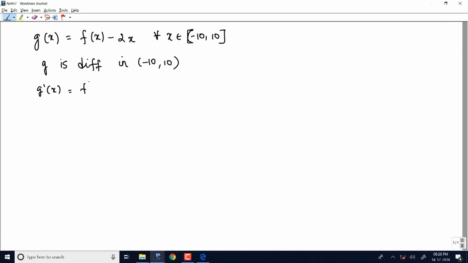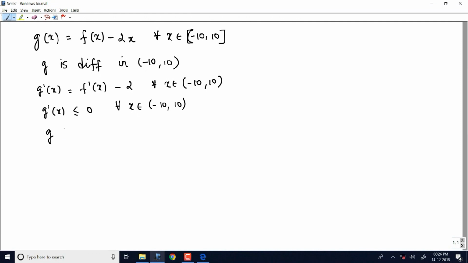Also, after differentiating, g dash x is nothing but f dash x minus 2 for all x in the open interval minus 10 to 10. That means g dash x is less than or equal to 0 for all x in the open interval minus 10 to 10, because we are given f dash x is less than or equal to 2 there. That means g is a decreasing function in the open interval minus 10 to 10.